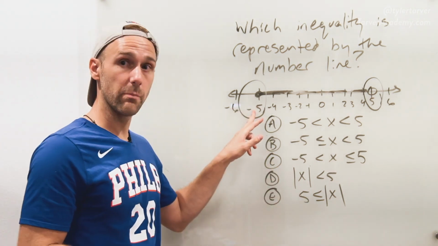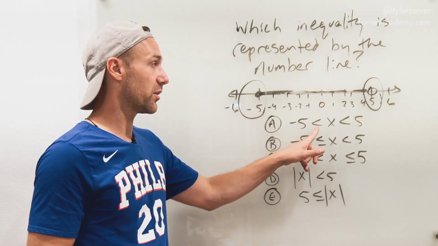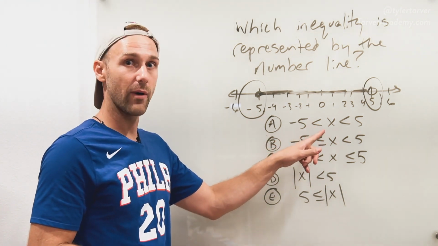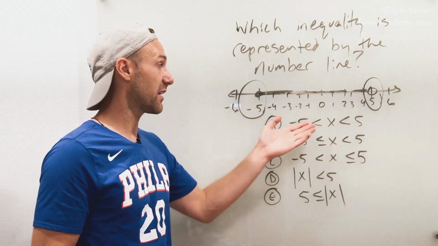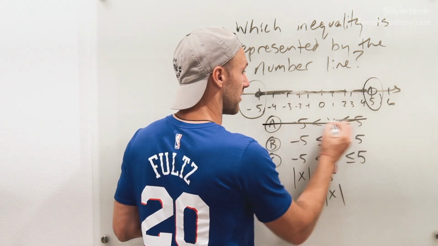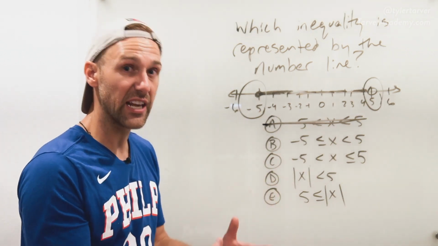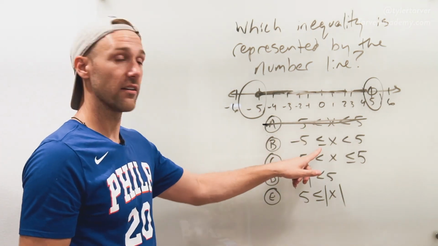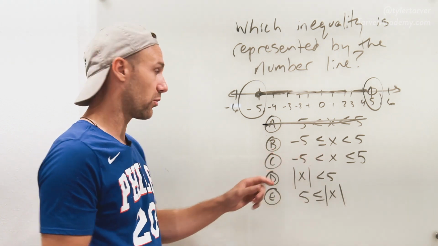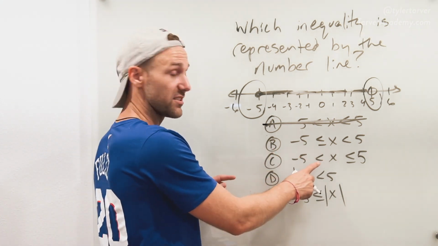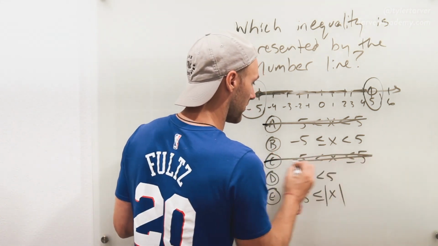We know it can be -5. So this one does not have a line underneath that shows that they can be equal. So I know this is not an answer because x has to potentially be equal to -5. So right there, it's got the line under it, so that can work. Then this one does not have the line, so that one's wrong.